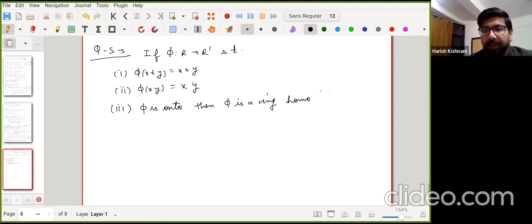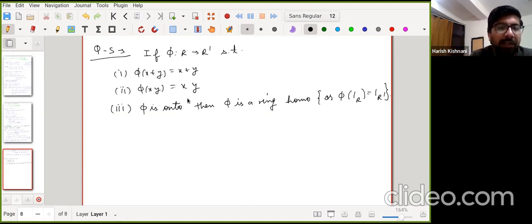So what I mean is that phi of identity of R will be mapped to identity of R dash if phi is onto and compatible with addition and multiplication. So if you are checking something to be an isomorphism, and you have already checked the onto part, then you need not check that 1 of R is mapped to 1 of R dash. That will always be the case.